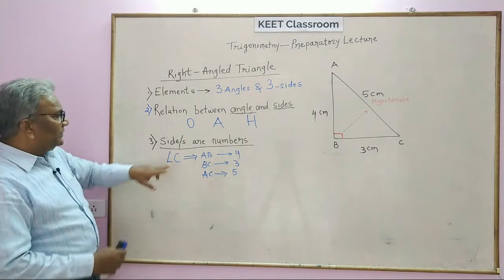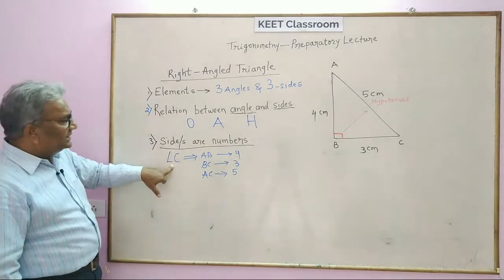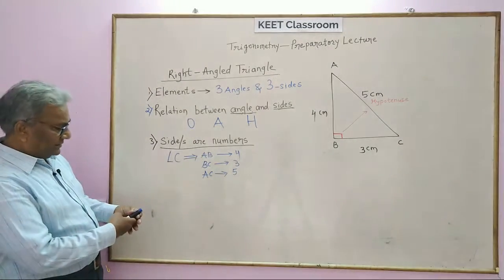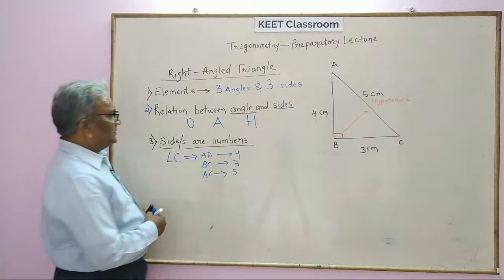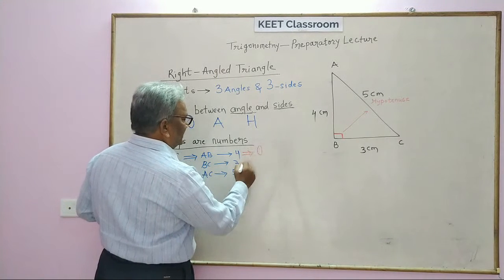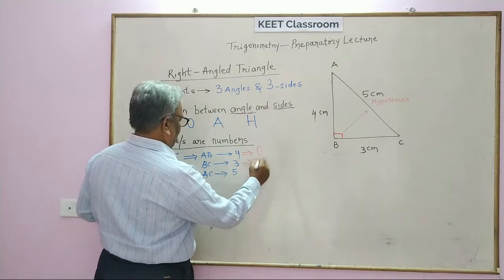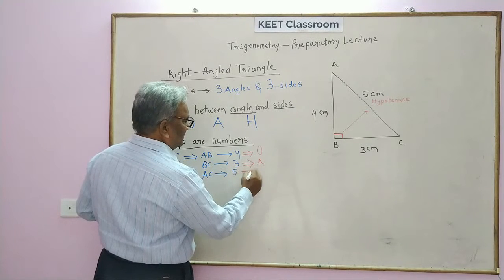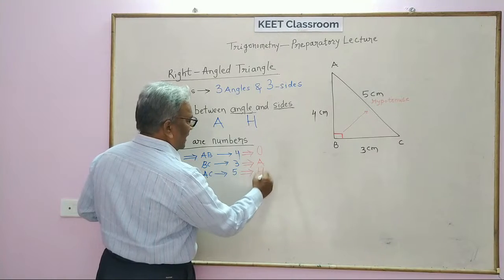Now the relationship between angle C and AB is, this is opposite, this is adjacent, and this is hypotenuse.